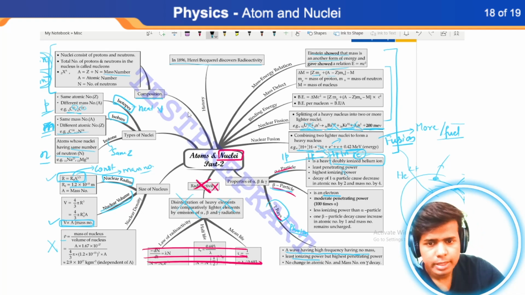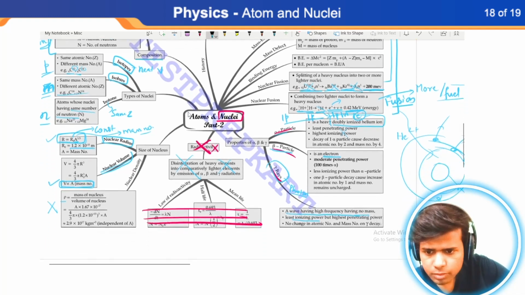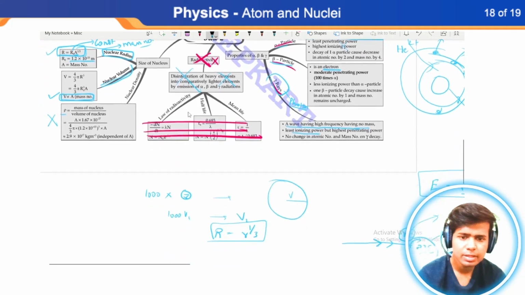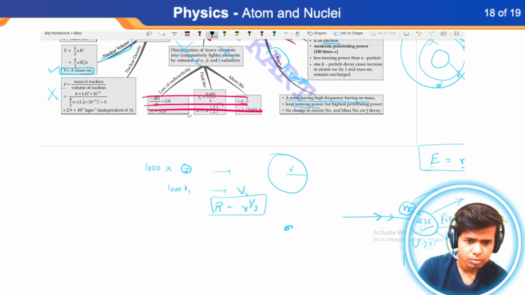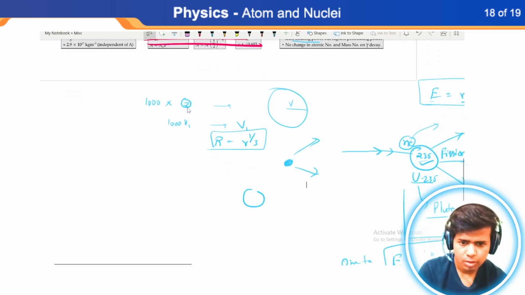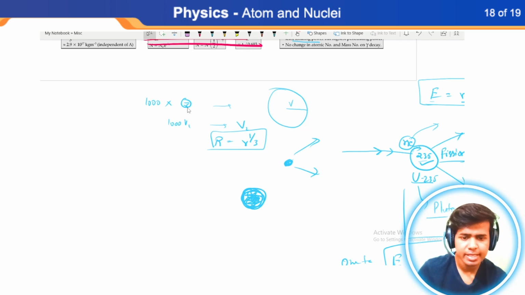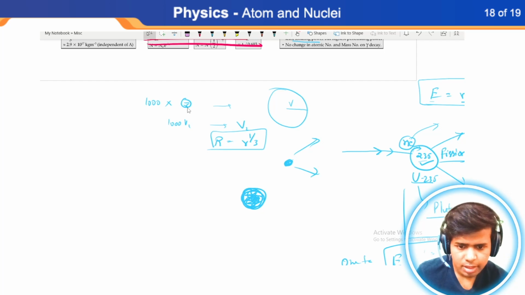Henri Becquerel discovered radioactivity. Radioactivity is basically, let's say there is one nucleus. It gets disintegrated. Let's say it has a certain mass, 235.